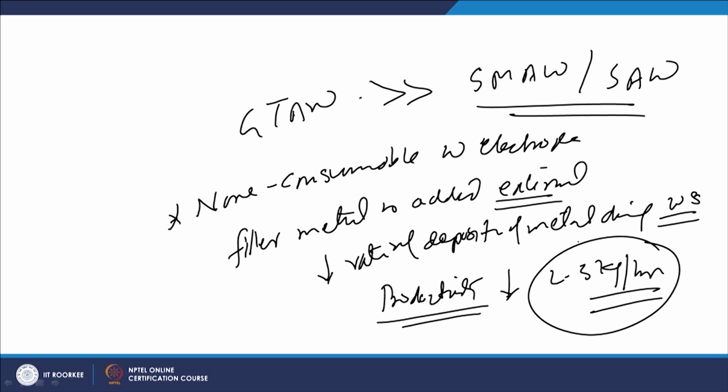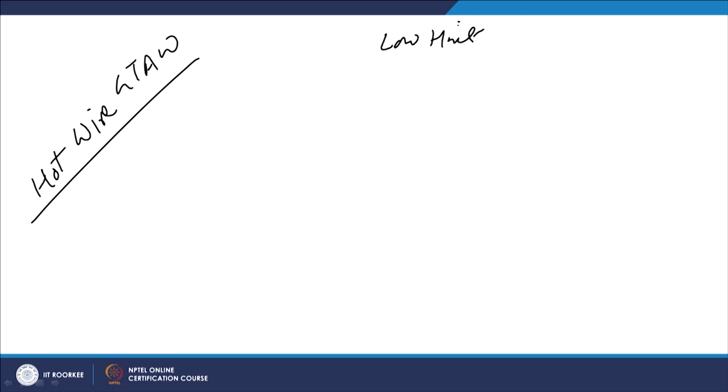to overcome this aspect, another variant of the GTAW process has been developed, which is called hot wire GTAW process. As I have said, in the conventional GTAW process, heat input is very low, energy density is higher than the SMAW and SAW process, and these two factors in turn help in reducing the dilution level.